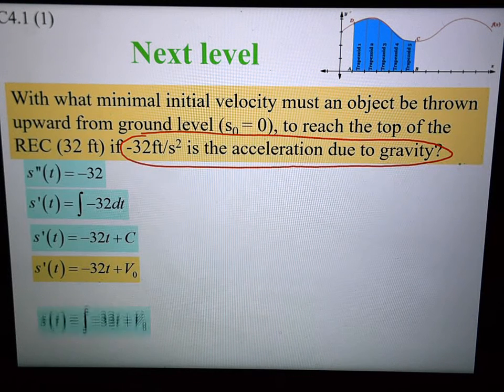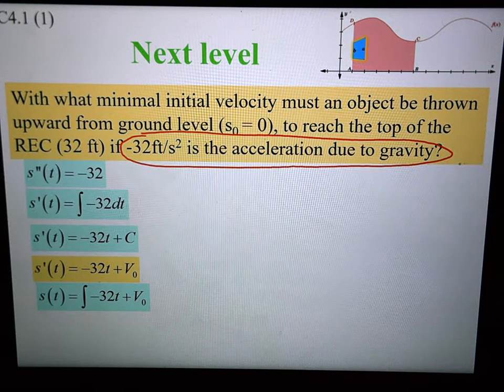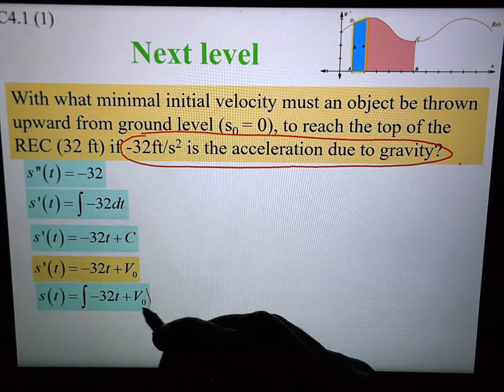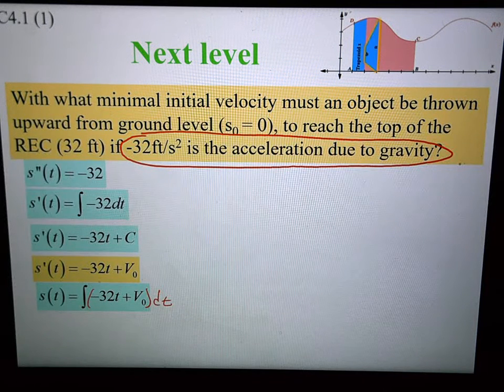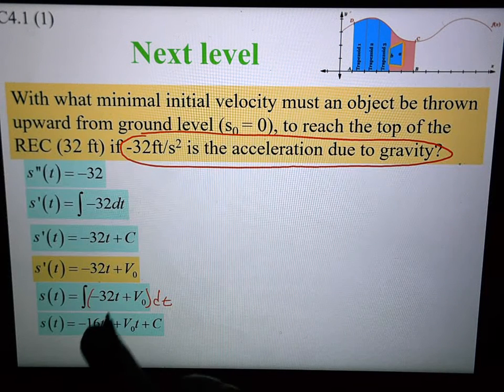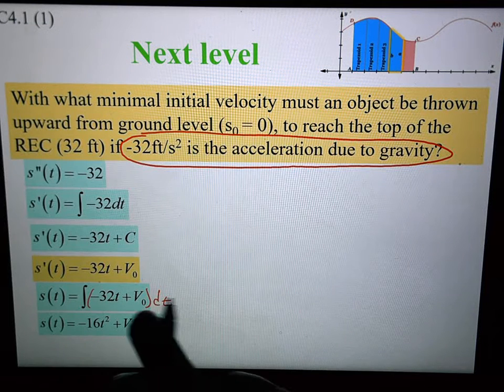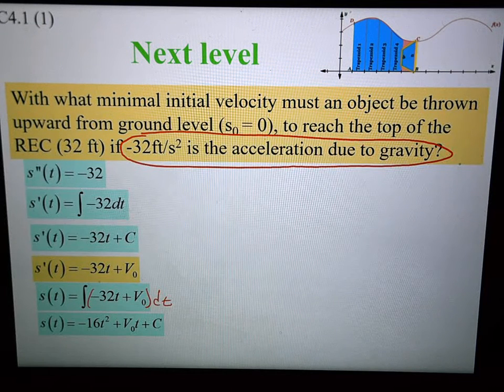Let's integrate this so I can get to the position formula. With respect to time. Now that we do that, we go up a level, add 2, divide by that 2, you get negative 16t squared, with respect to time, plus this constant of integration, which is c.